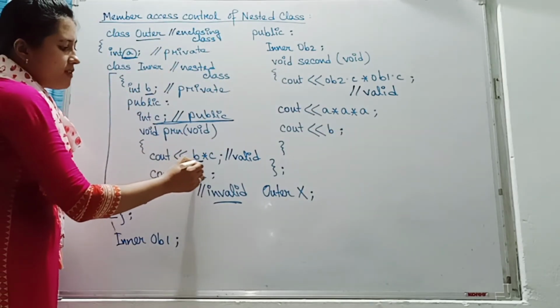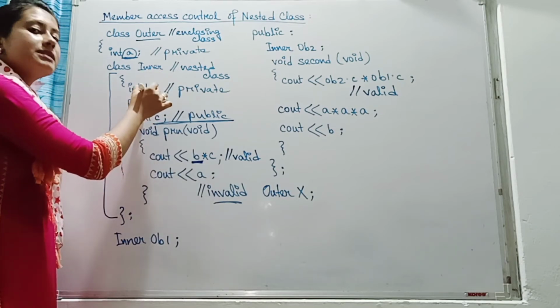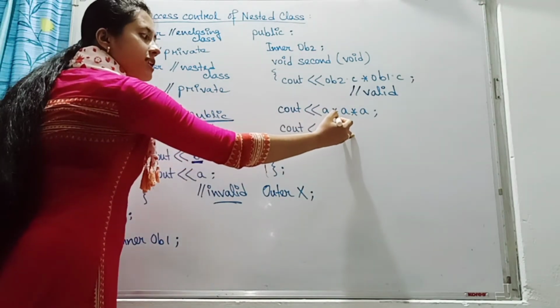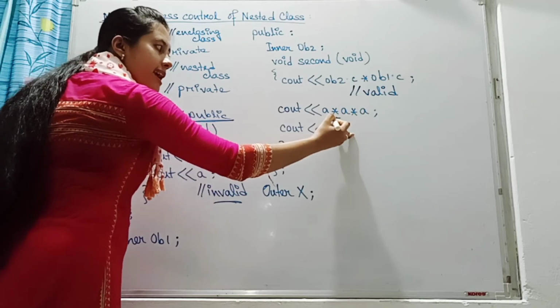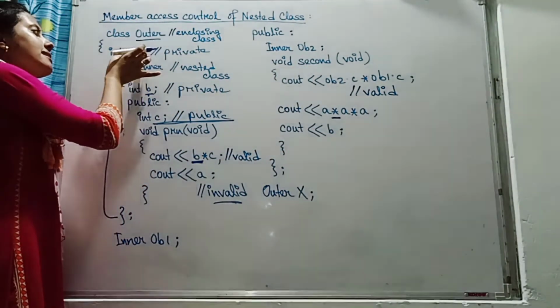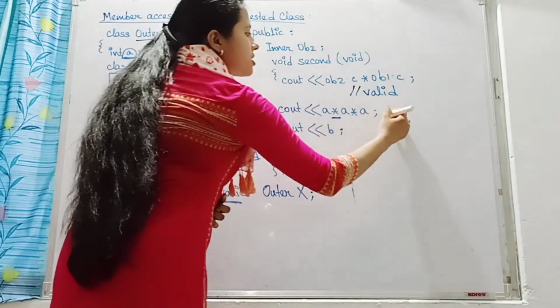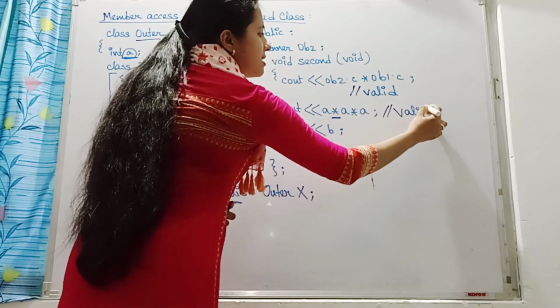This B we have accessed here because B is defined in the same class under the private section. Now here also we can access A, because A is defined in the private section of the outer class. So this will not create a problem. This is also a valid statement.